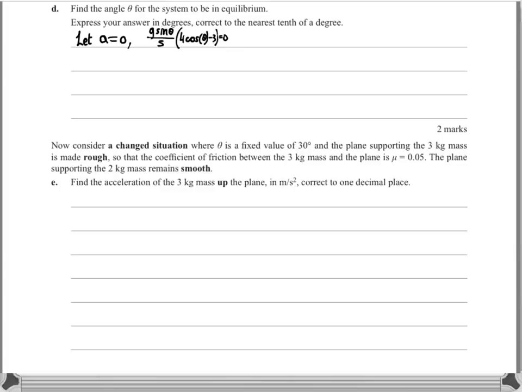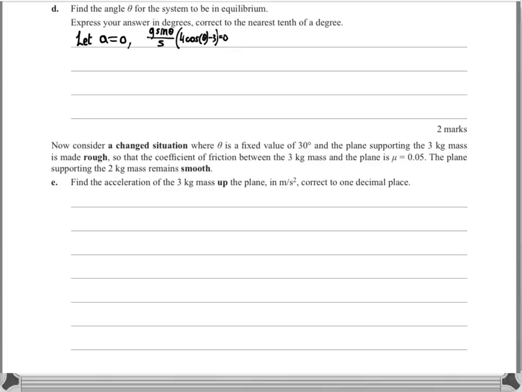Okay, now what do we notice about this expression? It's a factor times another factor, and that is equal to 0. So using the null factor theorem, I can make each and equate them to 0. So the first one was sine theta is equal to 0. Well, that happens at angle equals 0, or angle equals 180, but we're told at the start that theta must be greater than 0.